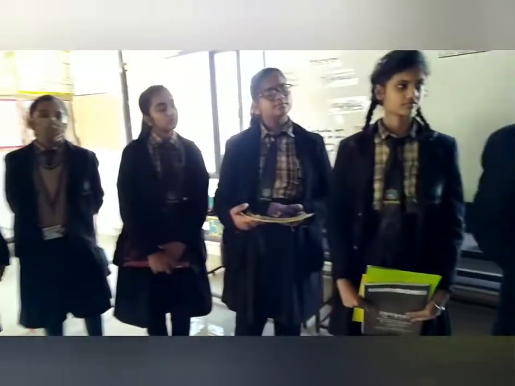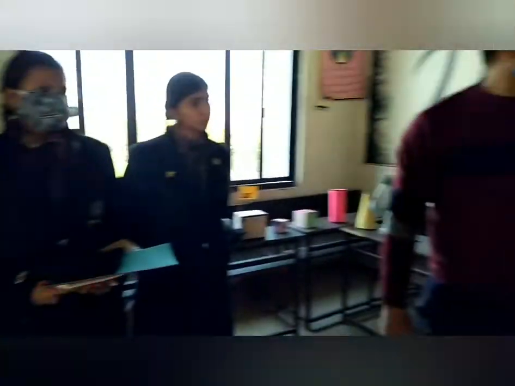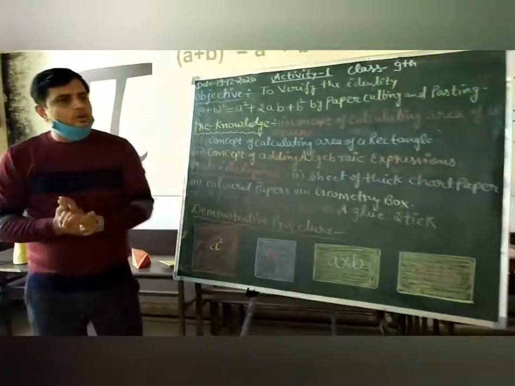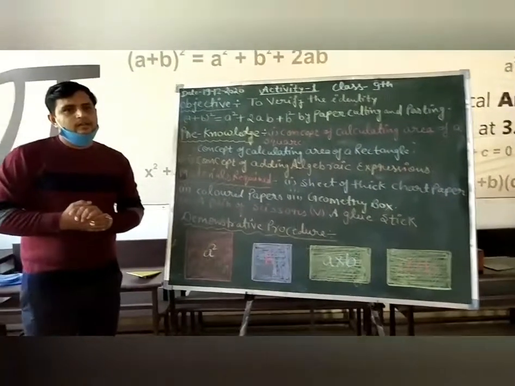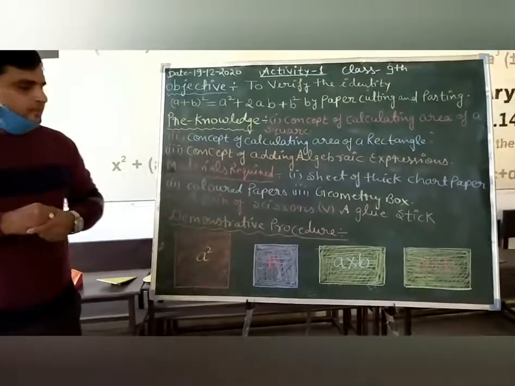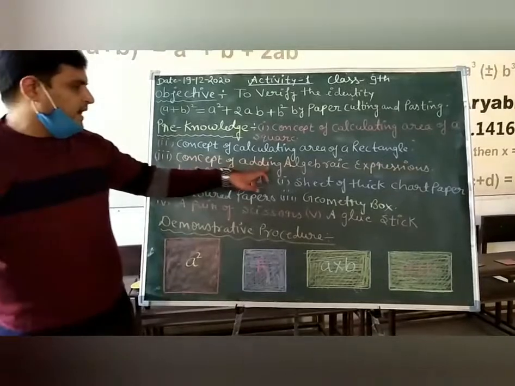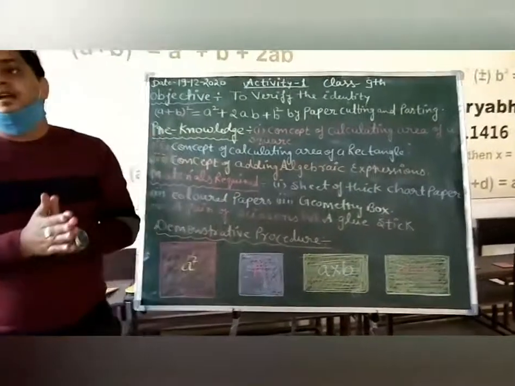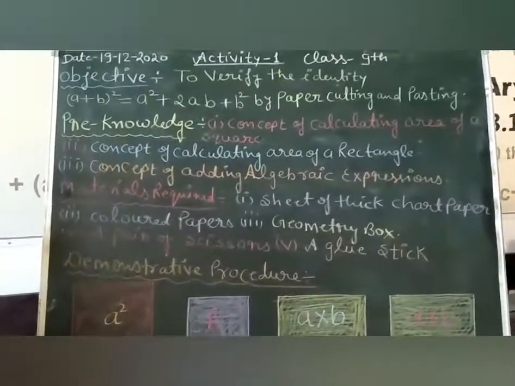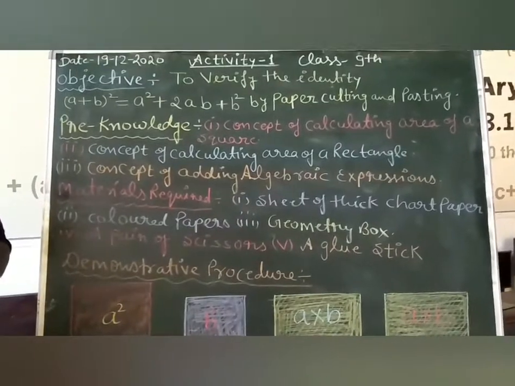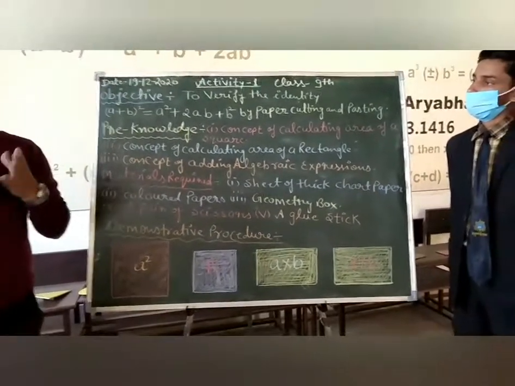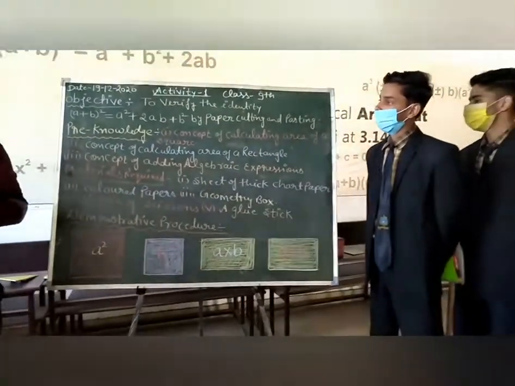Concept of calculating the area of a rectangle: I hope you all know the area of a rectangle, that is L into B. Very good. Concept of adding algebraic expressions: after paper cutting, how can we add those papers? So the activity will verify it.